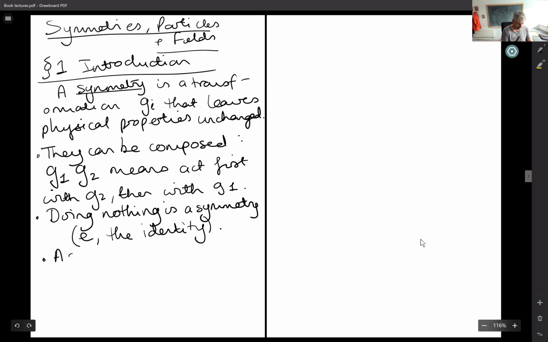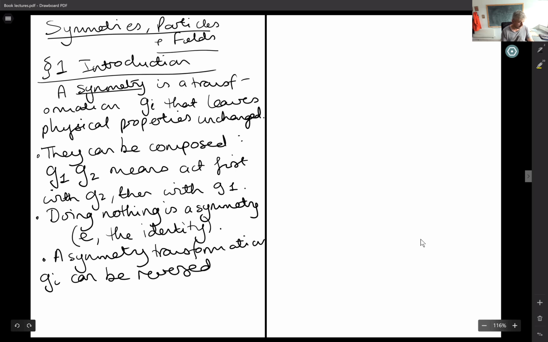So a symmetry transformation g_i can be reversed, and we call the reverse g_i^-1, which is itself a symmetry.